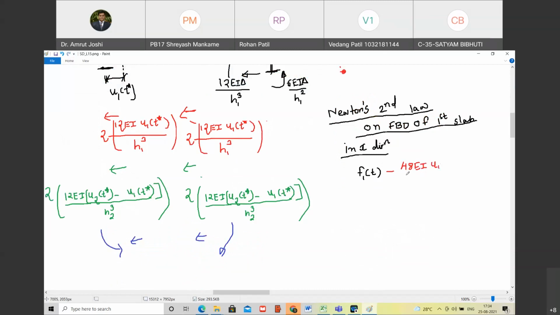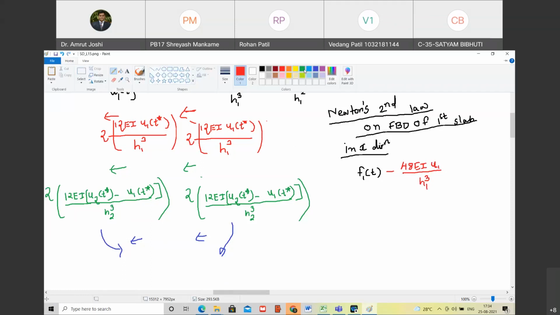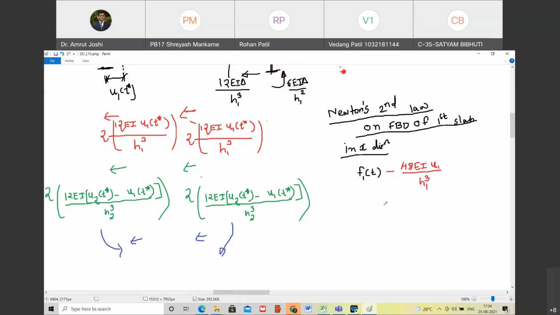Yes, sir. U1. Now you have to understand that U1 is a function of t. I will not write it because it will complicate the appearance of the equation. So 48 EI U1 upon H1 cube. Do you agree with me? Yes, sir. F1 is a function of time. Similarly, U1 is also a function of time. And then you have these two forces. So how do I write them?